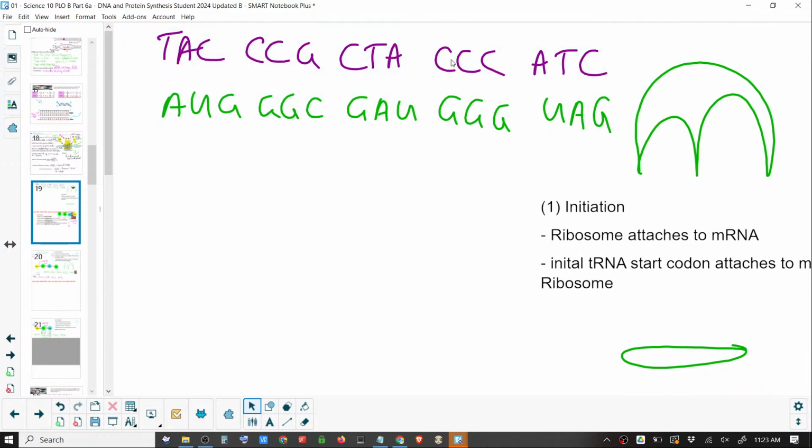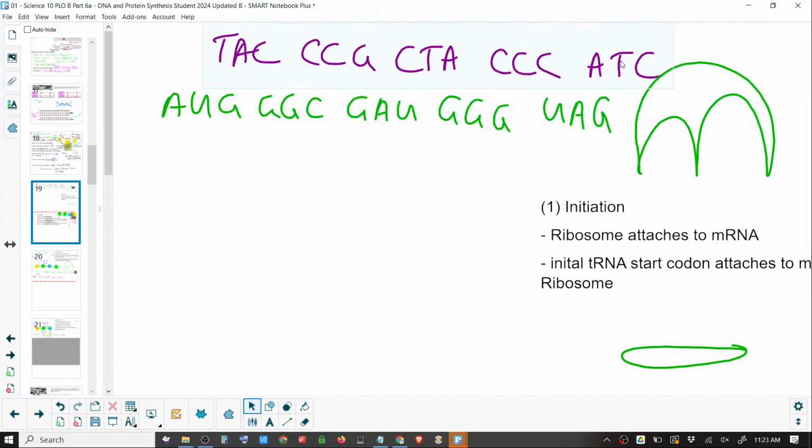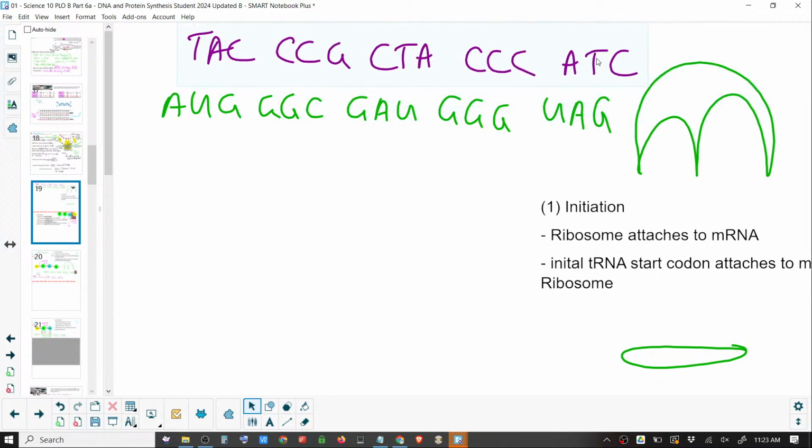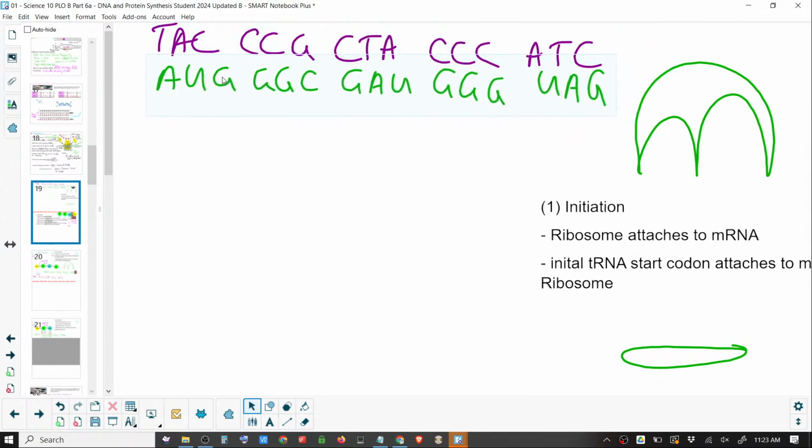No, it's not. There's a U in this? Oh, is it supposed to be G? That is a G, of course. So TAC, TAC, as in attack. This is the DNA. We make the mRNA from it.